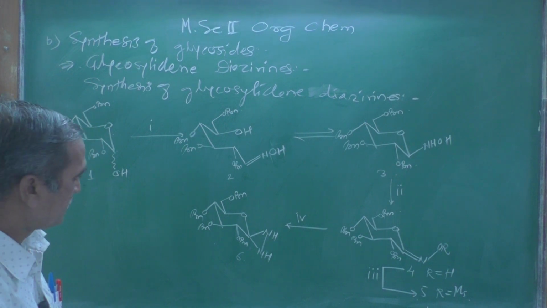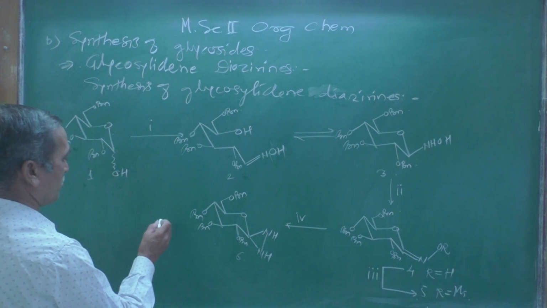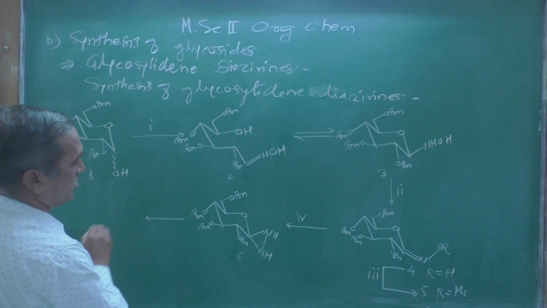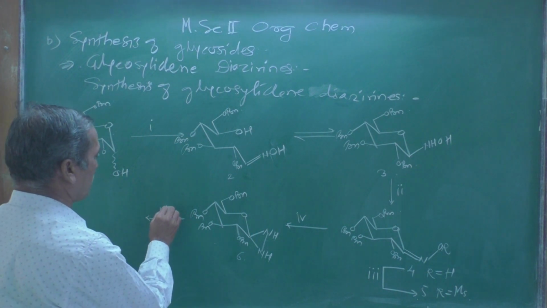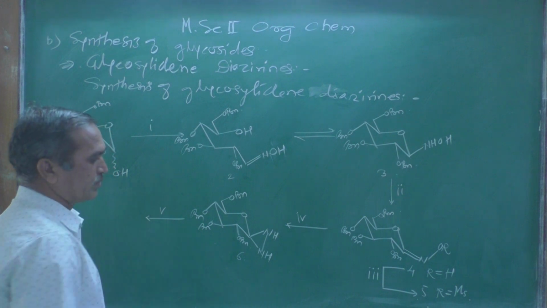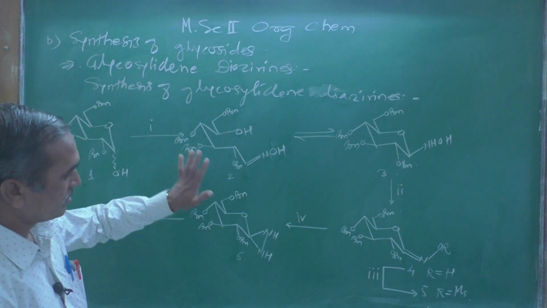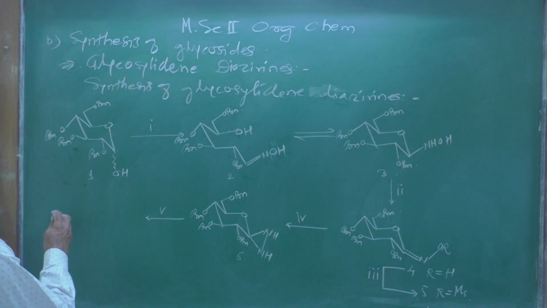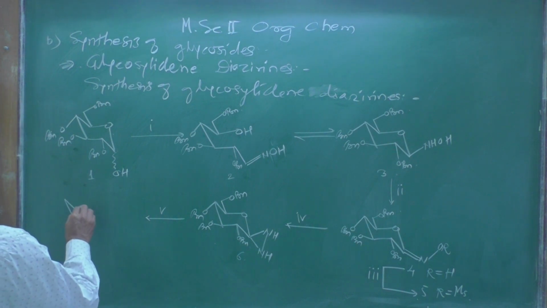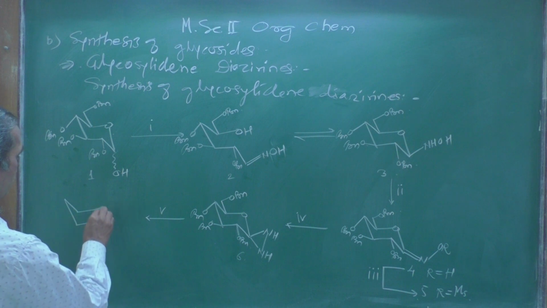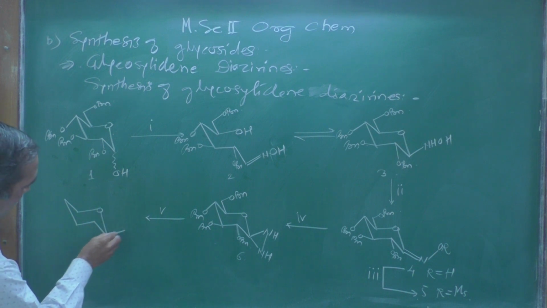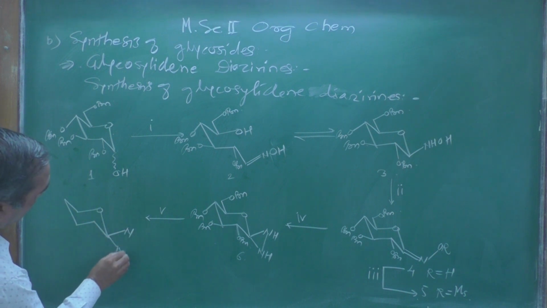And now when this structure number 6 is treated with reagent 5, what do you get? Remember, this structure is going to convert into this structure. Let me show here once again, the nitrogen atom here.